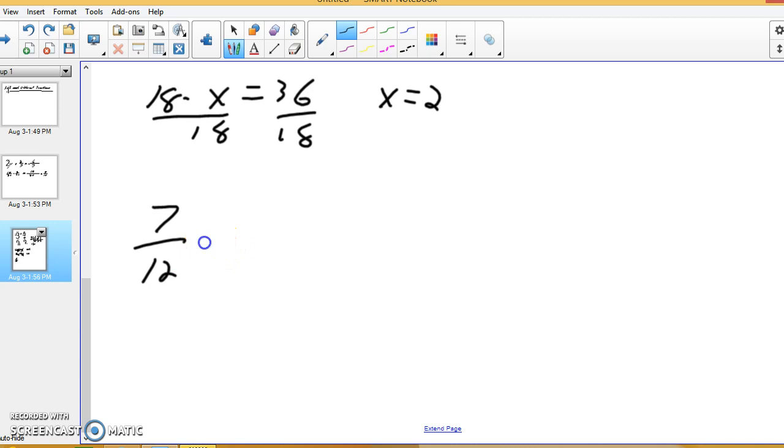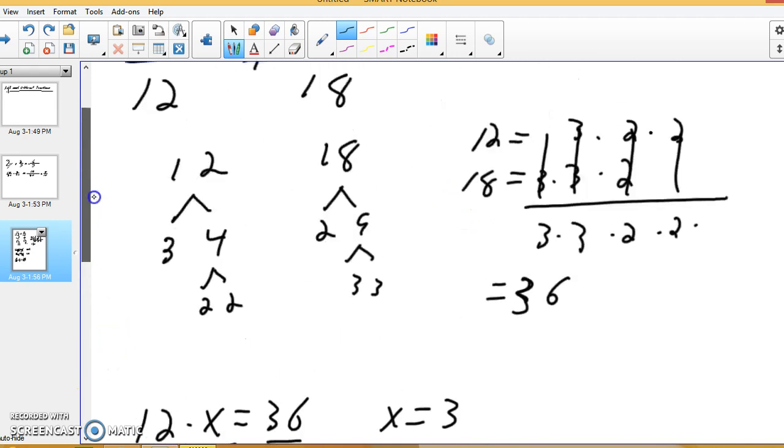Like I said, we want to multiply 12 by 3, but we don't want to change the fraction. So we have to multiply the top by 3, because 3 over 3 is equal to 1. If we're multiplying this fraction by 1, then we're not changing the fraction. We're just creating a denominator that we want. Now it's just multiplying straight across, like multiplying fractions. Same thing with 18.